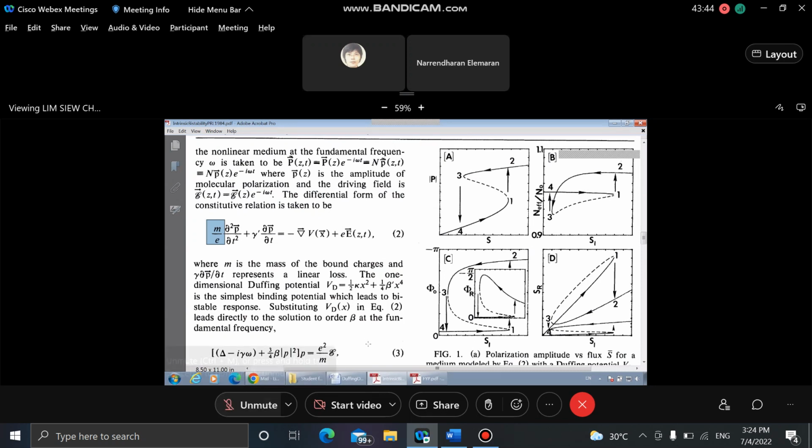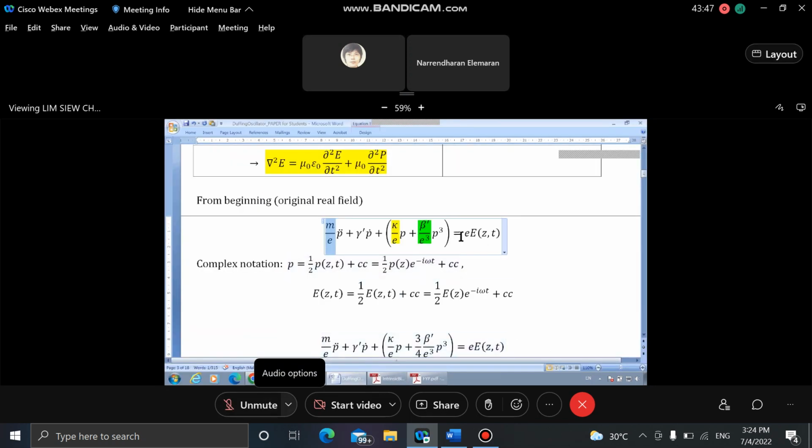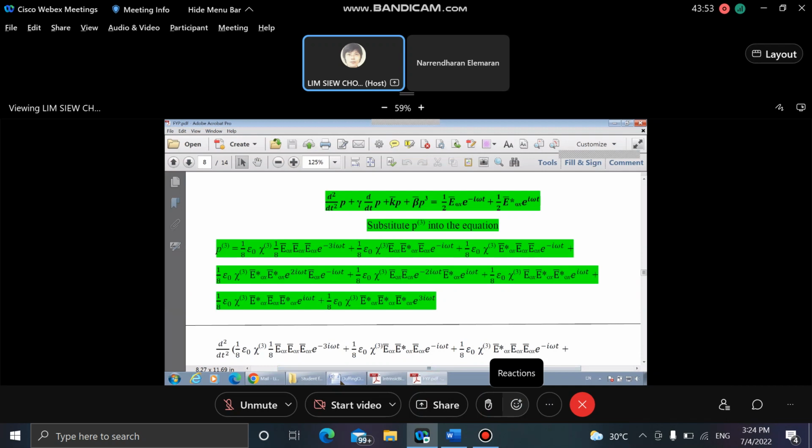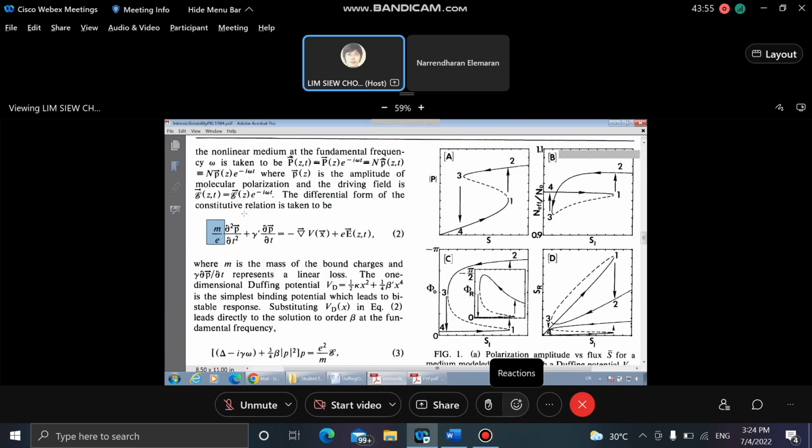Okay, so the equation here is nothing new, but I just don't want to write del square p over del t square. So this one I write as p double dot, and this one is p dot.